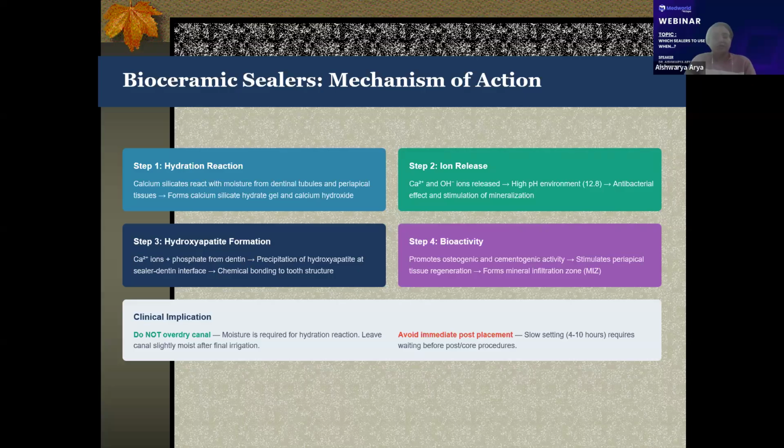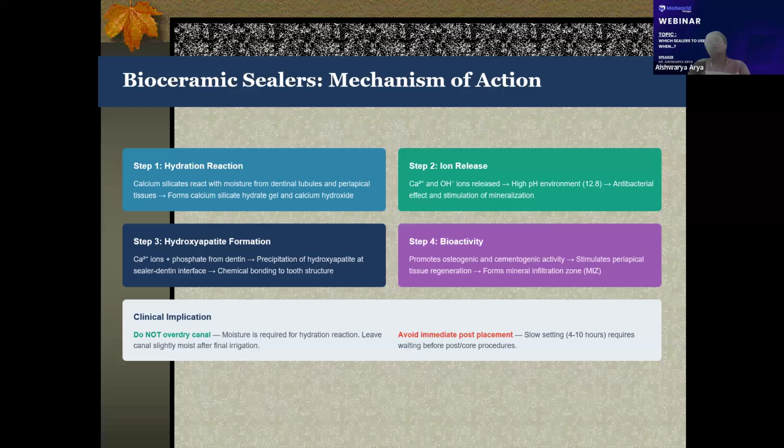Now, in this case, the clinical application that I would like to suggest is do not over dry your canal. Many times we wonder that we have taken the gutta percha and the master cone is proper, but when we place the sealer, we sometimes see that the master cone is short. The reason being, never dry your canals.